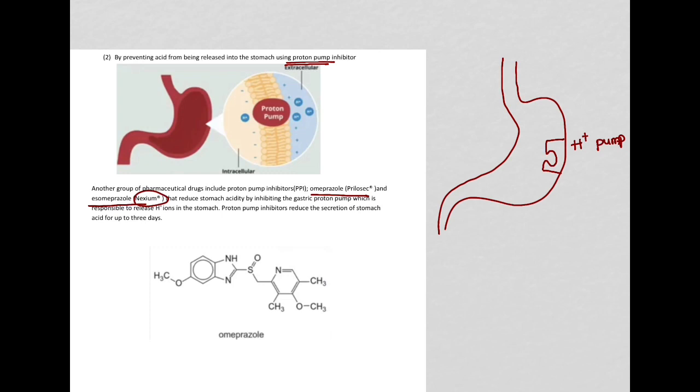So what it does, it inhibits the H+ pump, which is responsible for H+ ions in the stomach. So it just gets into the site and inhibits the secretion of H+ ions, which means that you're not going to have as much acidity in the stomach.